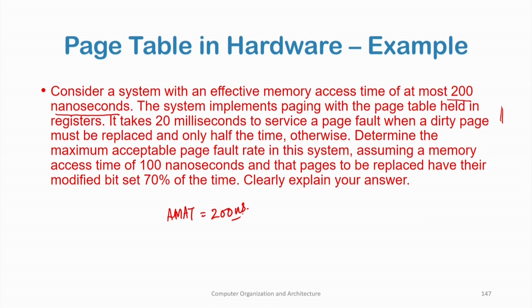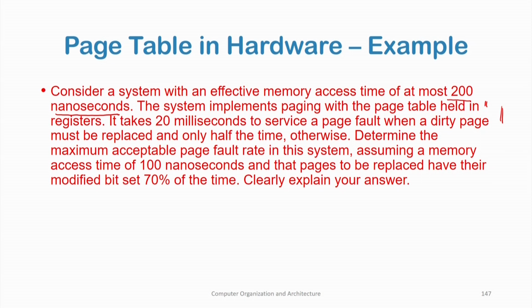The system implements paging with a page table held in registers. So, I have a hardware page table, and this means that the overhead for accessing the page table is negligible because the page table is held in hardware registers.